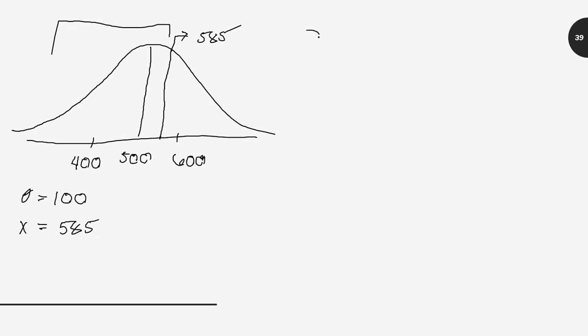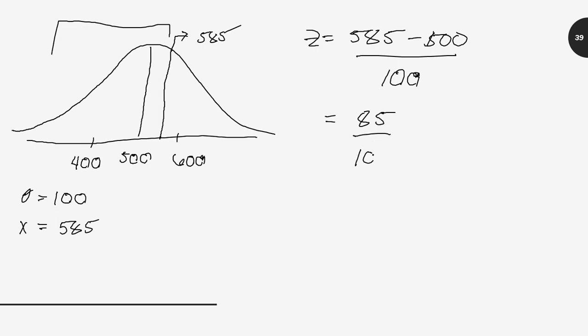Okay, una natin gagawin is to substitute yung given. So, 585 minus 500, sorry, all over 100. So, 585 minus 500, meron tayong 85, divided kay 100.